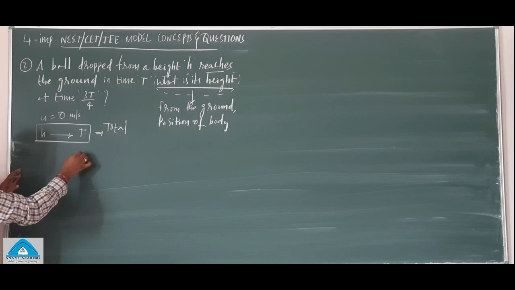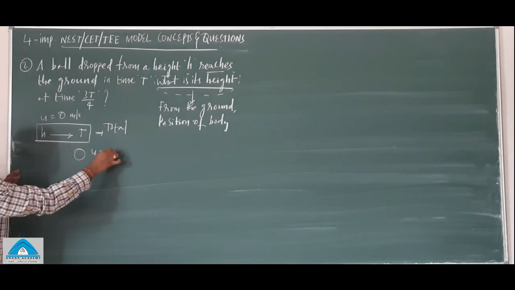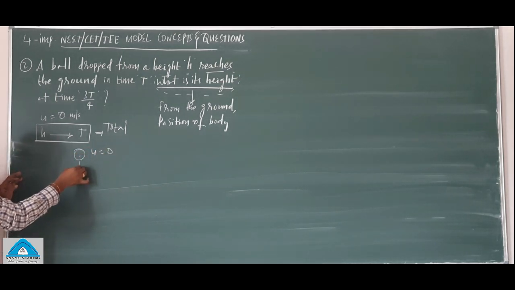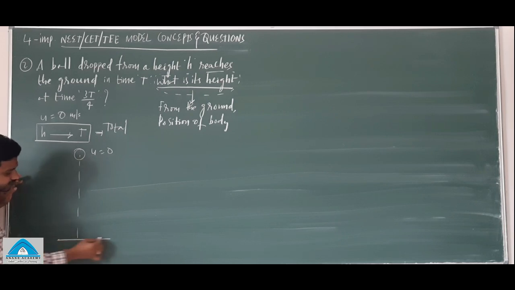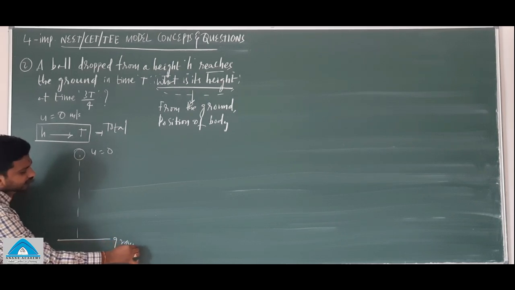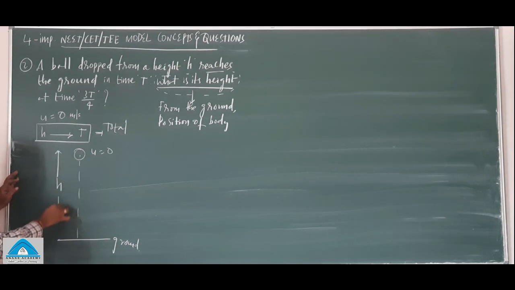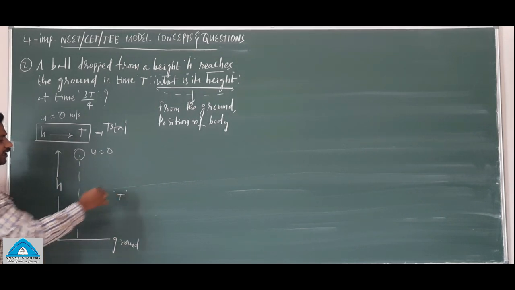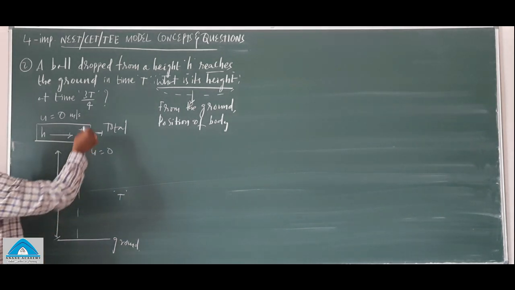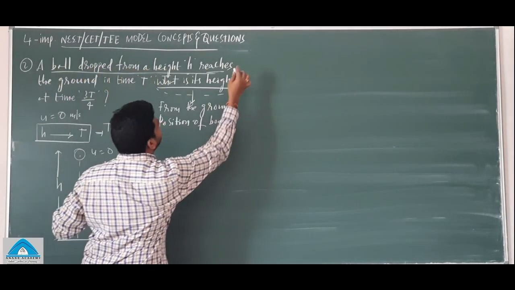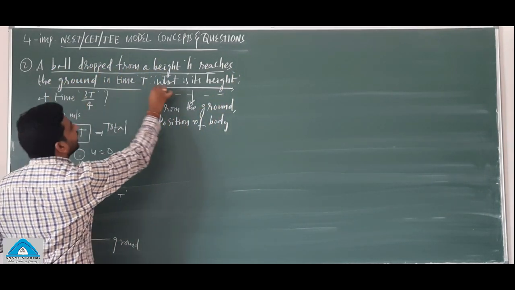There is a ball which is dropped and it is reaching the ground. The height is clearly given as h initially from the ground. The total time taken from here to here is t. First case: the ball is dropped from a height h and reaches the ground in a time t.